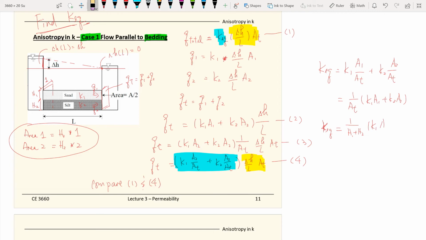So A1 becomes H1, because A1 is H1 times 1 plus K2 H2. What we are trying to do here is simplify our 3D problems into 2D problems, and we will find the equivalence K is equal to these equations. So that's just 2 layers.